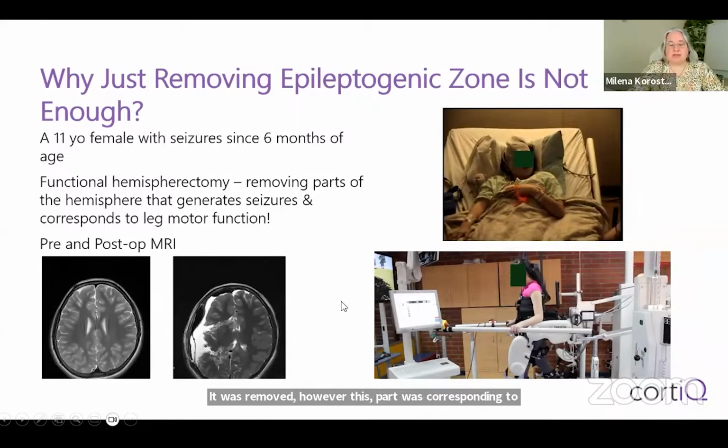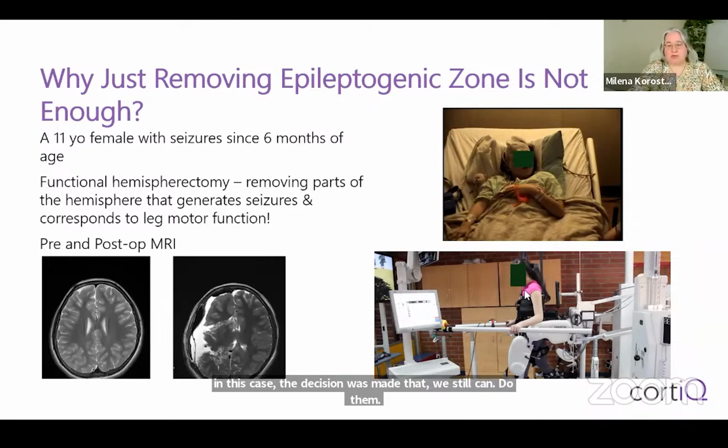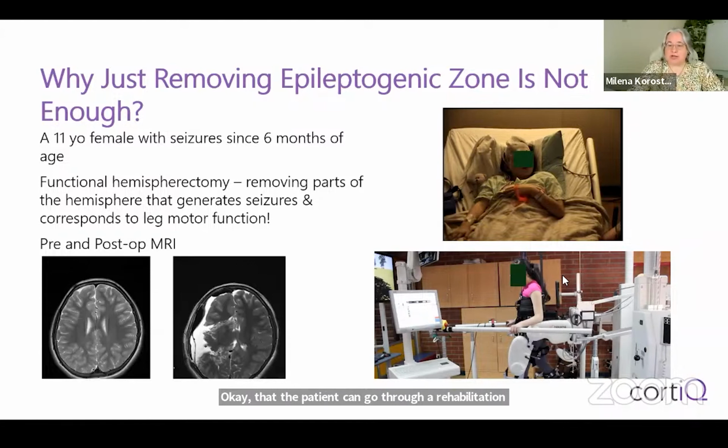So in this case, the decision was made that we still can do the rehabilitation, that the patient can go through rehabilitation, and she is young enough for her brain to reorganize and for her to regain that function, but it took a considerable time, and you see here the various rehabilitation procedures for her to start walking.